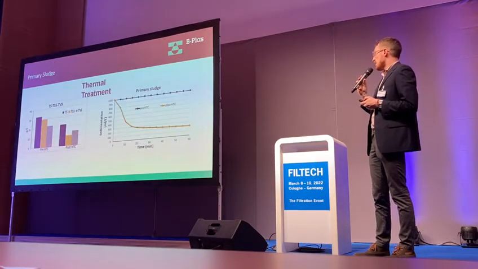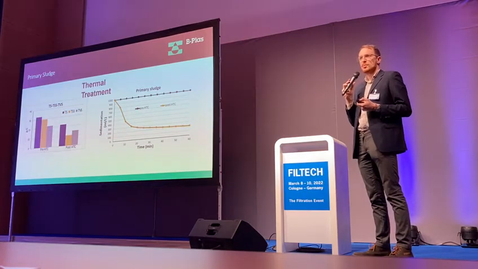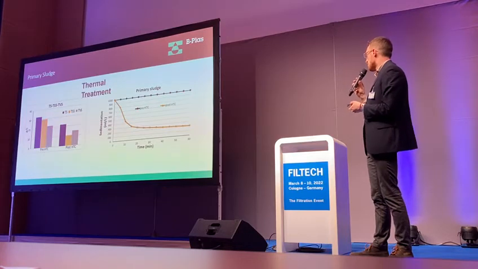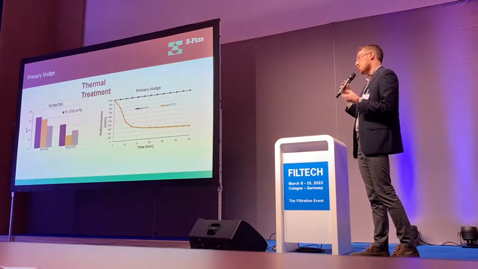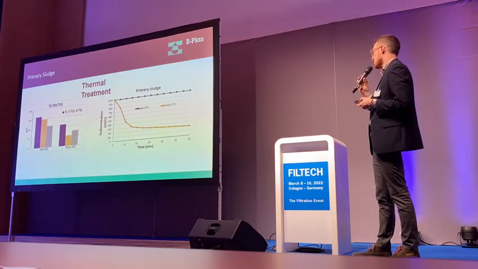For the primary sludge, the thermal treatment greatly affected the settlability of the suspended solids, and as you can see, in just over 30 minutes, we decreased the volume of the sludge by over 60%.